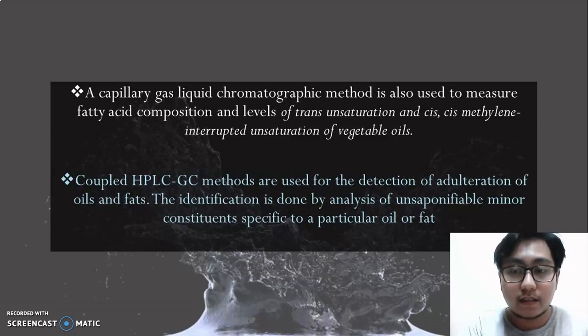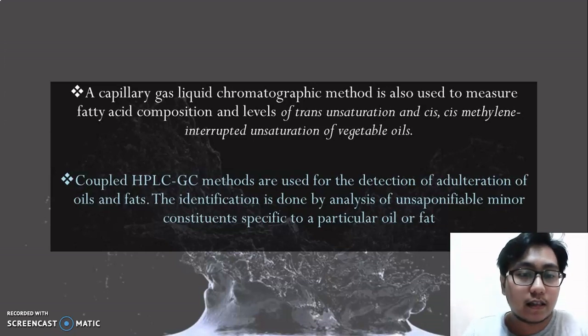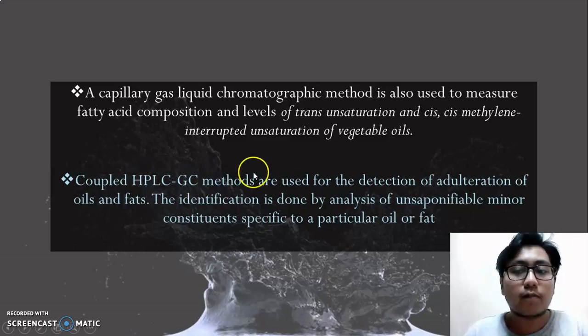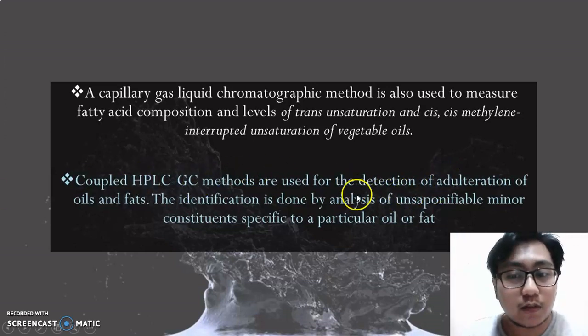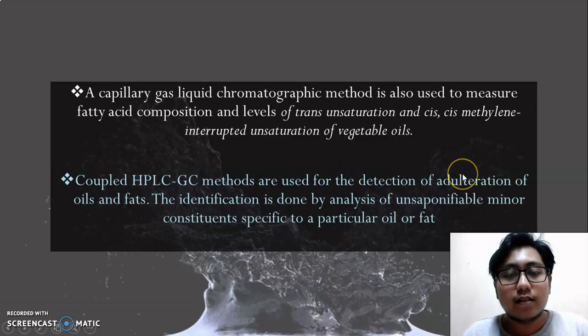So that is adulteration, and we can detect that by using HPLC-GC. So we as chemists can know if our oils and fats have been adulterated. Okay.